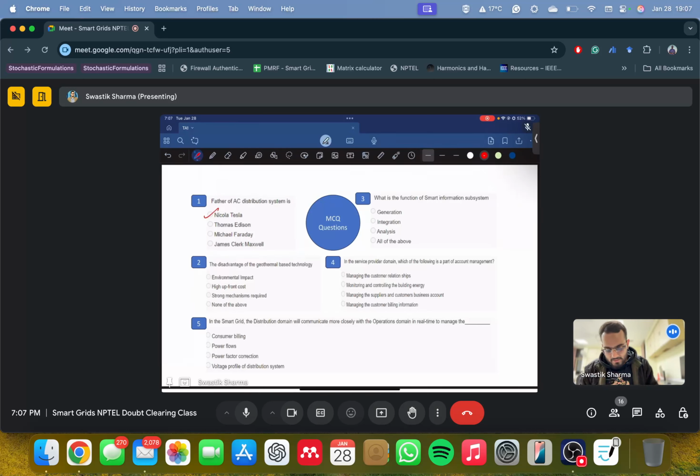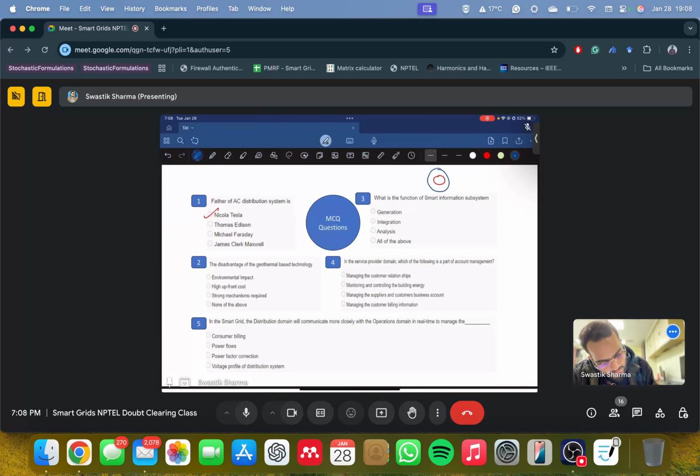The second: the disadvantage of geothermal based technology. What is the disadvantage? Geothermal technology makes use of the power present in Earth's crust, right? So let's say this is the Earth, and we have a core.